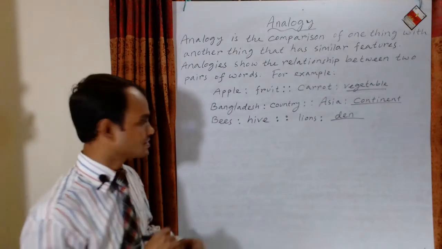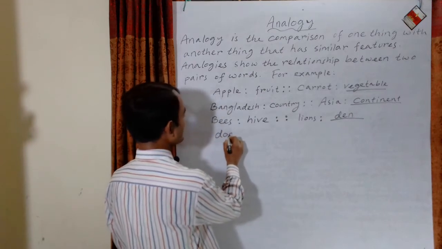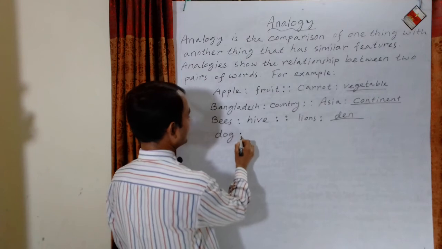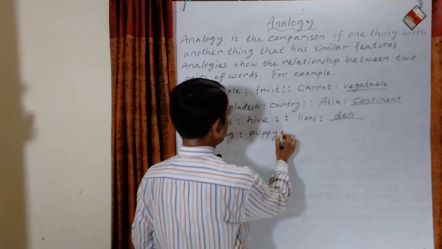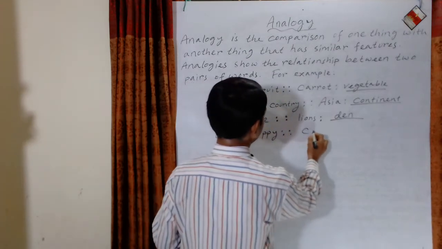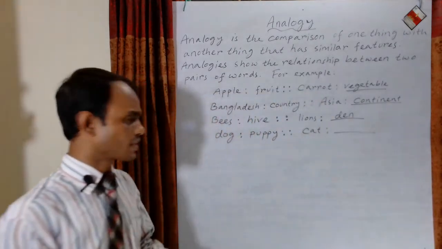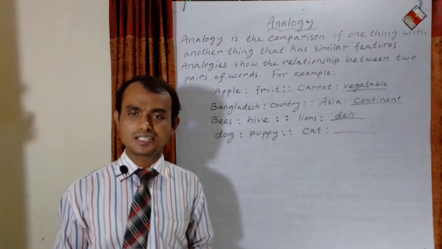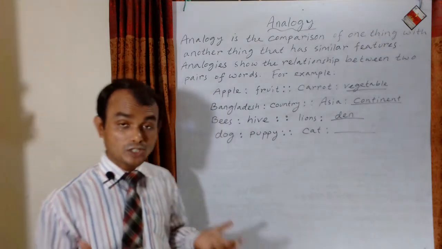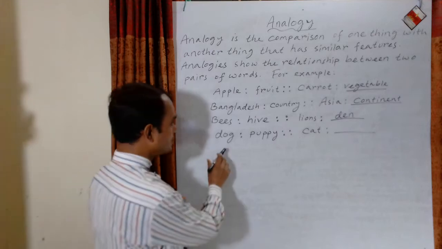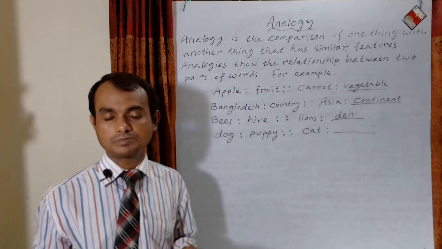Dear students, another example. Dog, puppy, cat, what? Dog, puppy, this pair is given. Cat, what? What should be the completed analogy? What is the relationship between dog and puppy?